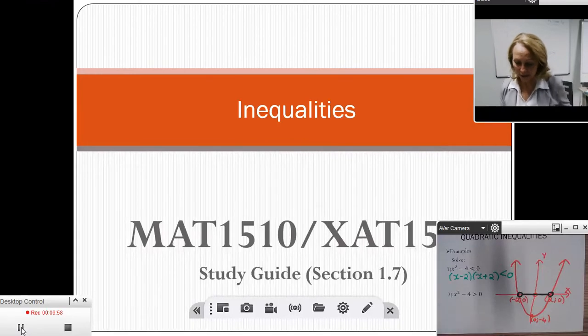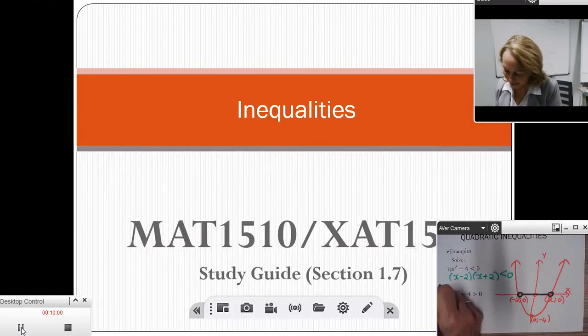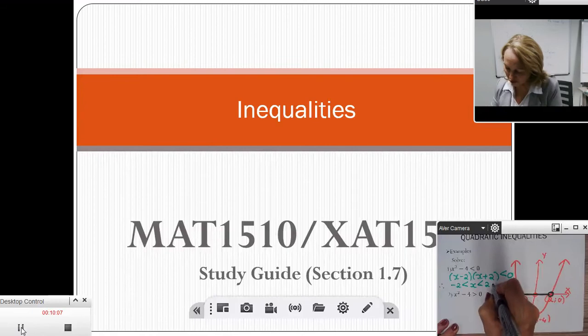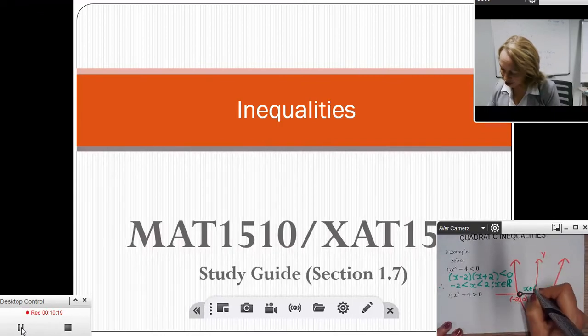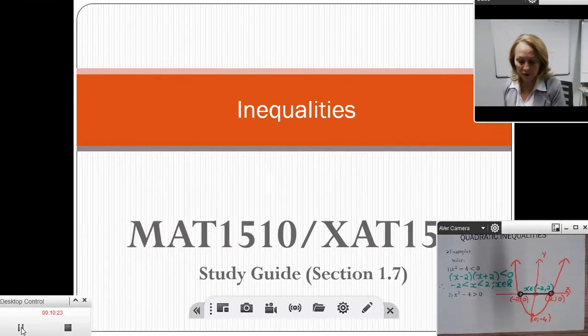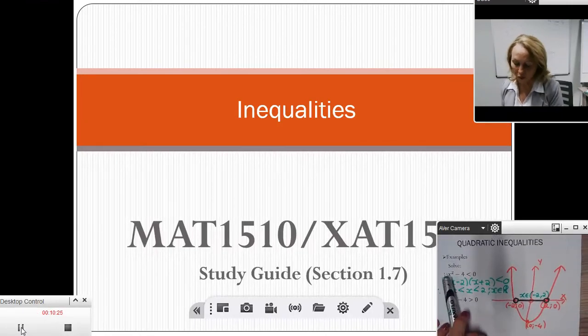So that means that my solution is -2 less than x less than +2, x an element of the reals. You can also write the solution set as x an element of (-2, 2). So that will be the solution set for the inequality x squared minus 4 less than 0.